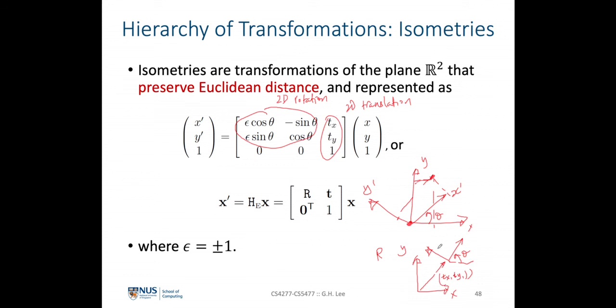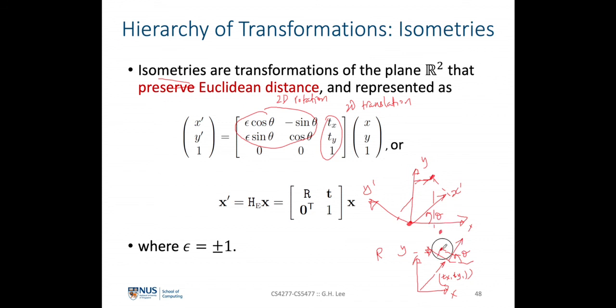And in this case, what I'm interested in looking at is that given a point which is originally x and y in the original axis over here, I want to find out what is the new coordinate of this in the new coordinate frame. And this is given by the isometry transformation. And we can see that after the transformation, with respect to the previous axis, the Euclidean distance between any 2 points is preserved.